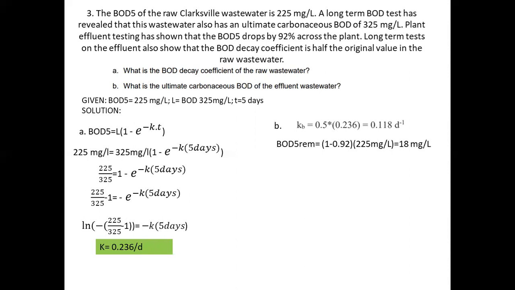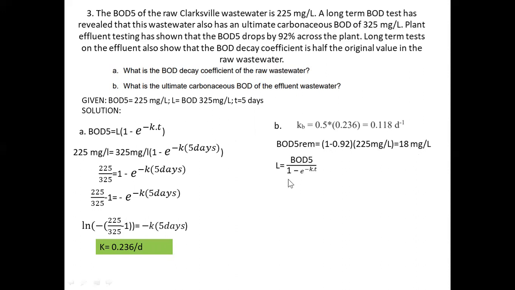So this is 100% minus 92%, or in terms of decimal, 1 minus 0.92 of the BOD from letter A, which is 225 milligrams per liter. Okay, so 1 minus 0.92 is equal to 0.08 times 225 milligrams per liter, or our BOD5 remaining for letter B is 18 milligrams per liter.